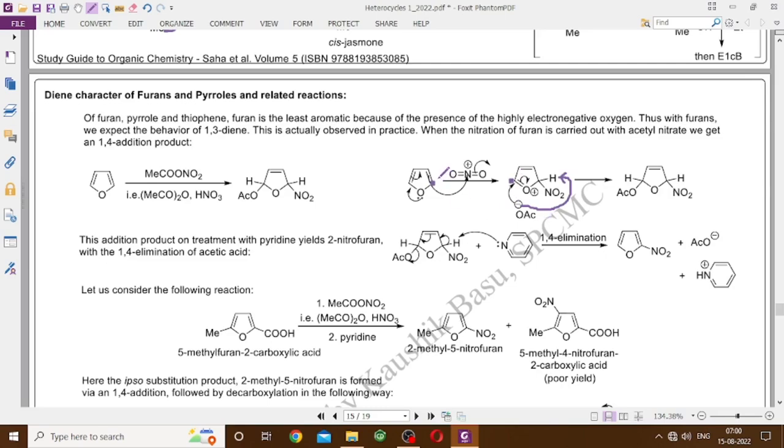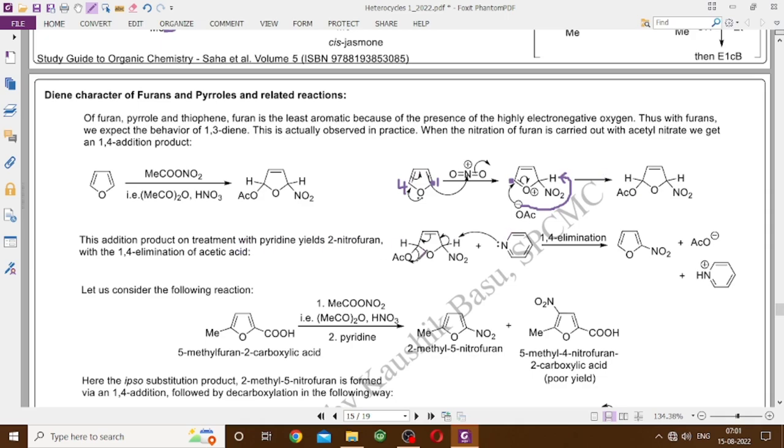So if this position is 1, then this position is 4. So the electrophilic agent adds at C1, and the nucleophilic agent, instead of acting as a base, attacks C4, so that you get a 1,4 addition product.